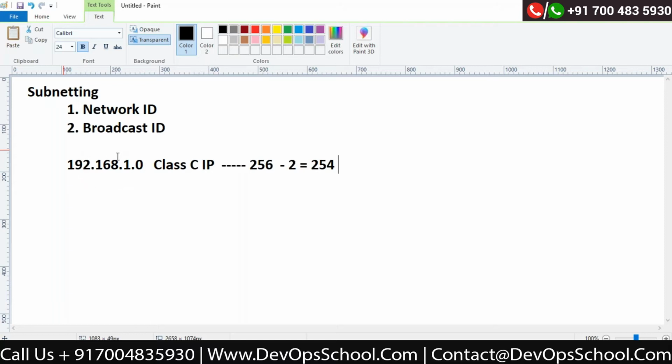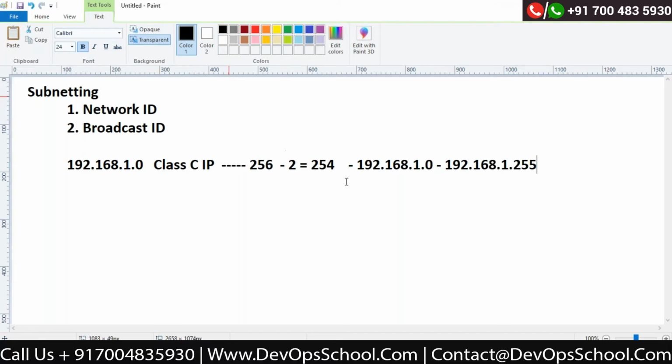because they act as the network ID and broadcast ID for the 192.168.1.0 network, correct? Now if I write the range of IP addresses of this network, my first IP address would be 192.168.1.0 and my last IP address would be 192.168.1.255, correct? All 256 IP addresses would be within this range. Now which would be the network ID?